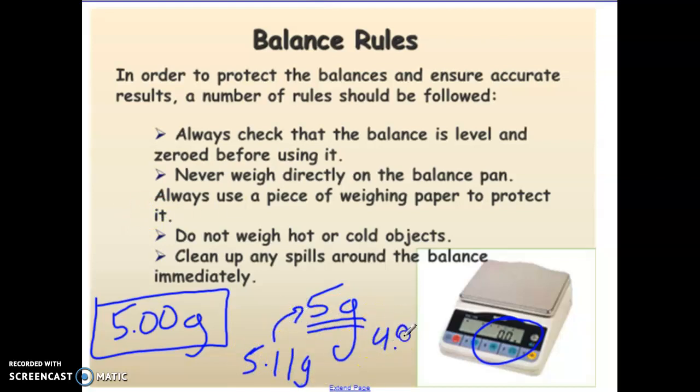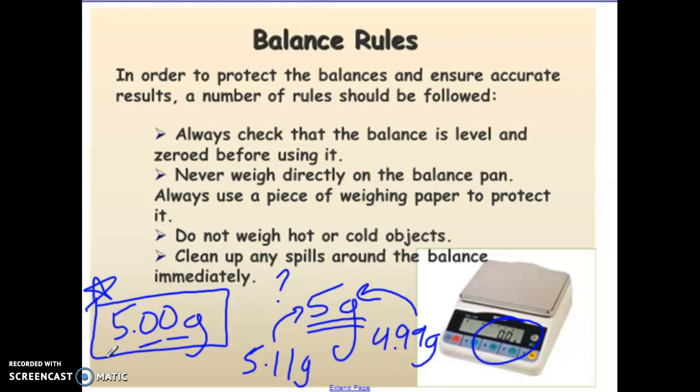Was it 4.99 grams and you rounded it to 5? Then you're not sure. So you always must record whatever the number is. It is what it is. So that way for sure we know it was 5.00 grams. Remember, going back to this also, it improves your significant digits, right? We have 3 significant digits here.